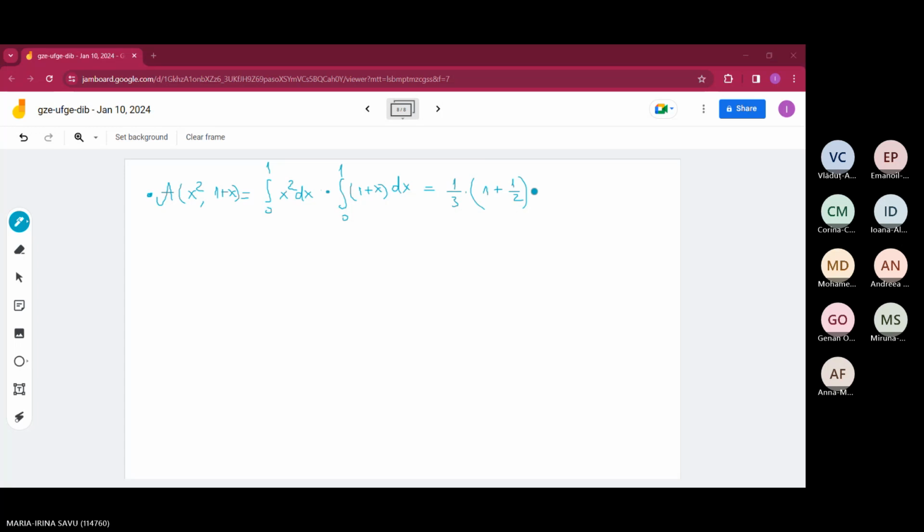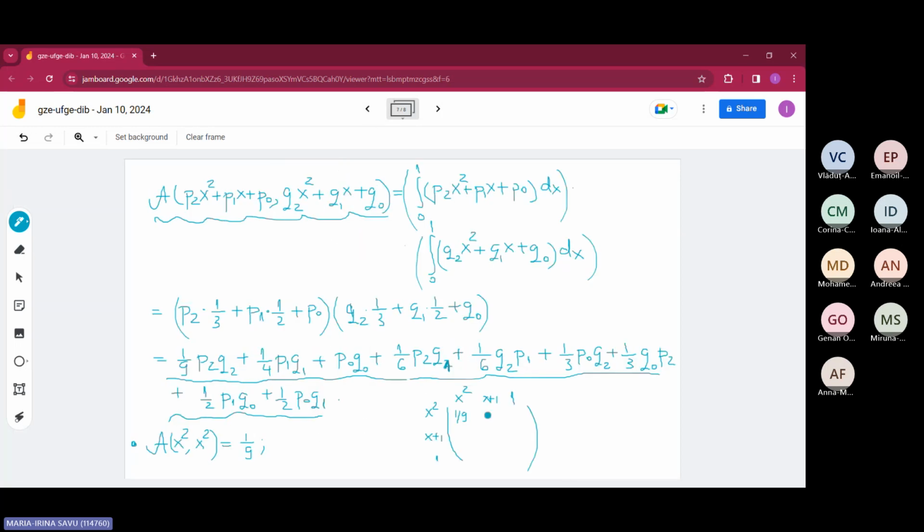Okay, so this will be actually 1/3 times 1. Let's put that 3 times 3/2, which is 1/2. Okay, and 1/2 is the coefficient of x squared and 1 plus x. So 1/2 will be put here.